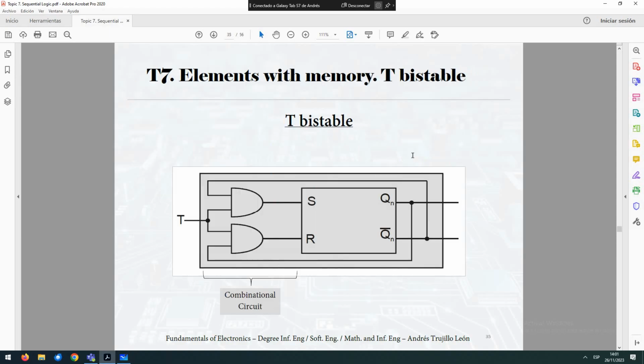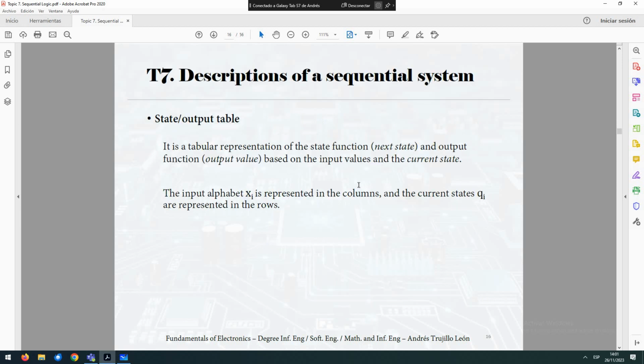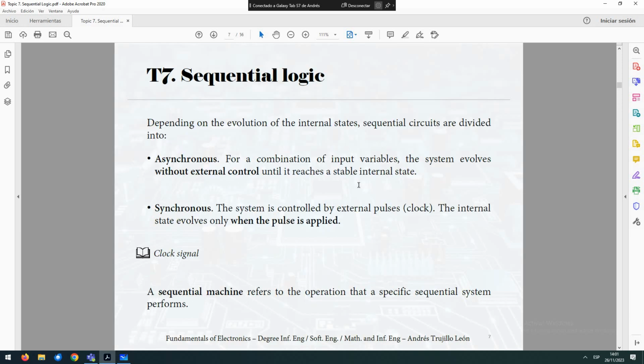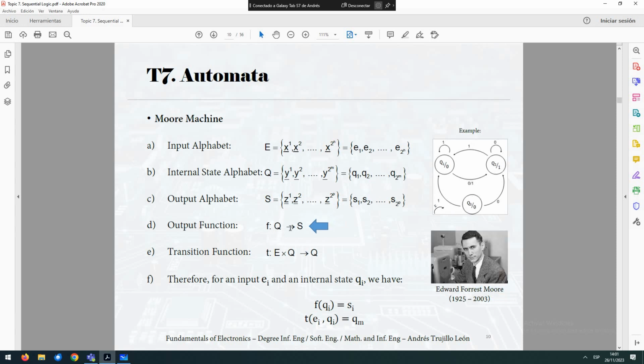If we go back in the topic, when we saw the sequential machine, the Mealy machine, in the Mealy machine the output depends on the state variable and on the input. So is that the case? No. In our case, the output only depends on the state. So this is a Moore machine.